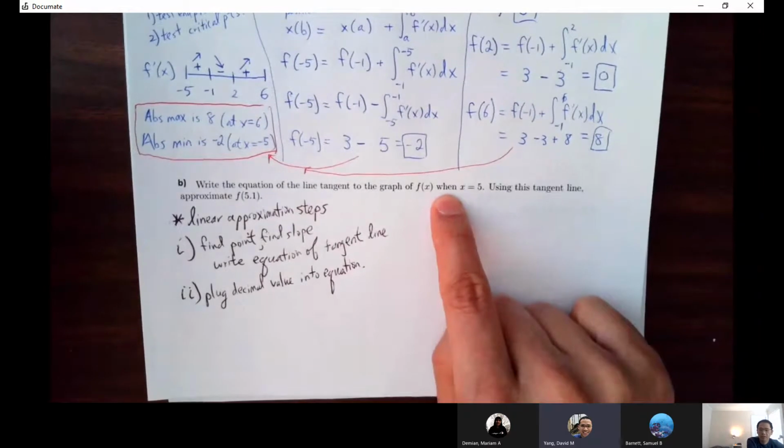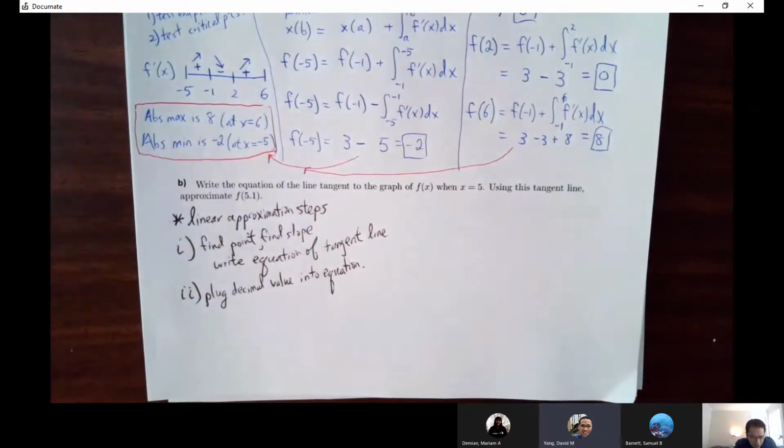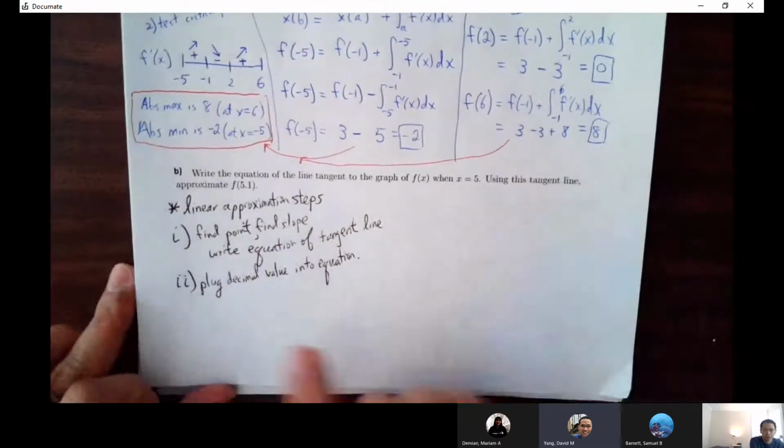So we want to find the equation of the tangent line when x equals 5. Well, we have our ordered pair. Well, actually, we don't. We have to find our ordered pair at 5. So we need to find f of 5.